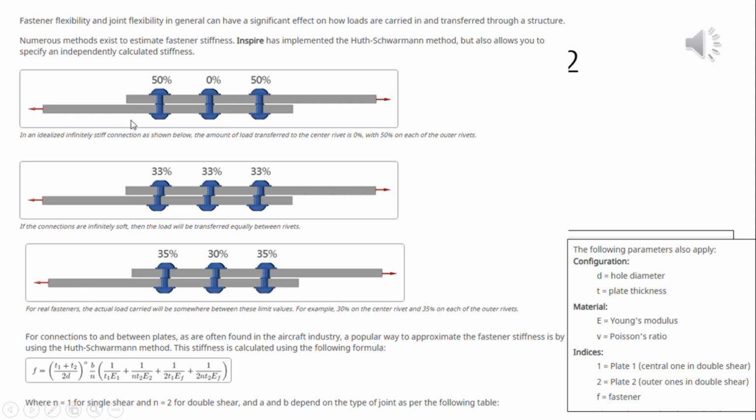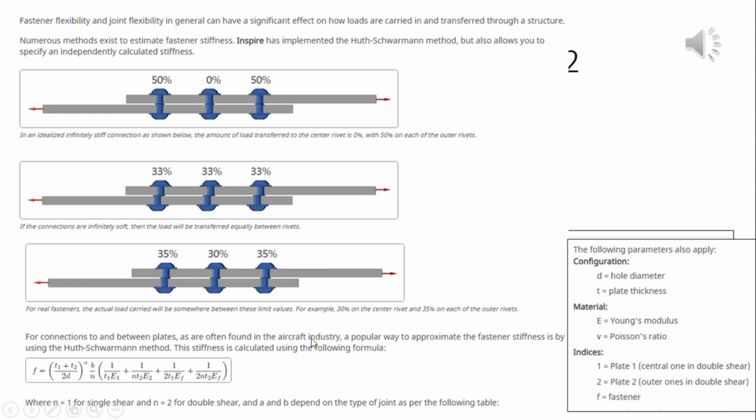In the middle, if the connections are infinitely soft, then the load will be transferred equally between rivets, like 33%, 33%, 33%. And at the bottom, you can see for real fasteners, the actual load carried will be somewhere between those limit values, like for example 30% on the center rivet and 35% on each of the outer rivets.